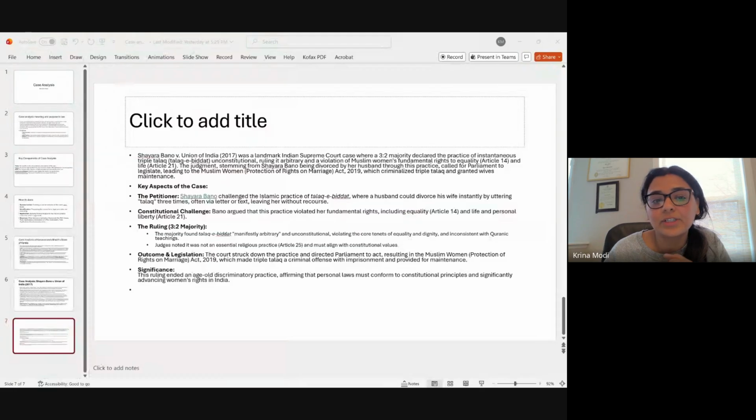So Article 14 and Article 21. And then you come to a conclusion whether the triple talaq was constitutional or not, yes or no. So this is a simple method of analyzing a case so that you don't get lost when you're reading pages and pages of cases. I'll open up the floor for any questions now.